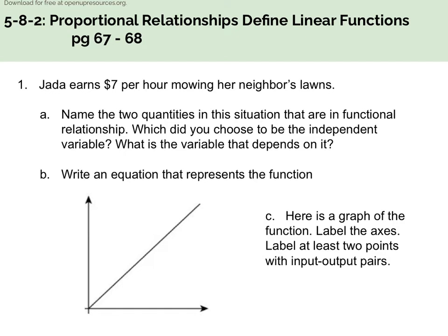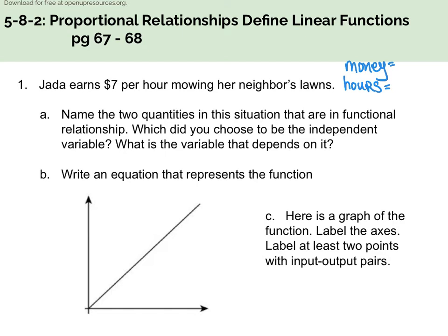All right, so we are talking about hours, how long Jada works, and we're also talking about the money that she received. So we have money, and then we have hours. We need to figure out which one is independent and which one is dependent. I like to figure out my dependent first, and then my other one is independent. So I like to ask myself, does hours depend on money, or does money depend on hours?